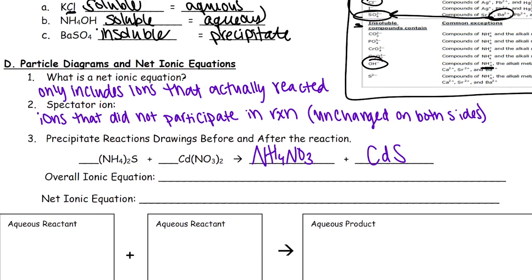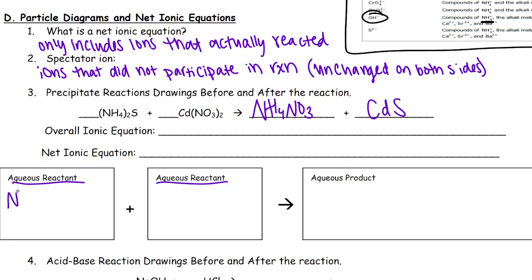However, if my reactants are both aqueous, which it says down here, what that means is that I have NH4 with a +1 charge and sulfur with the -2 charge, and I have cadmium with a +2 charge, and NO3 -1. Okay, so I have all of these ions.